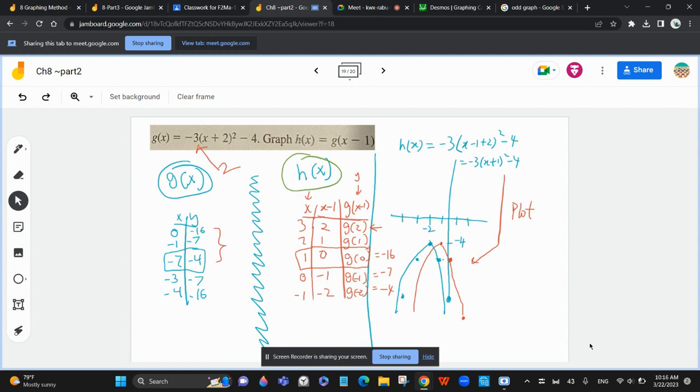So this is what we mean by this x minus 1: the minus 1 is just moving the g of x function by 1.